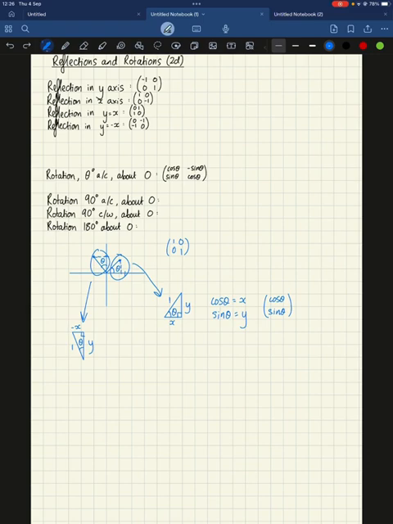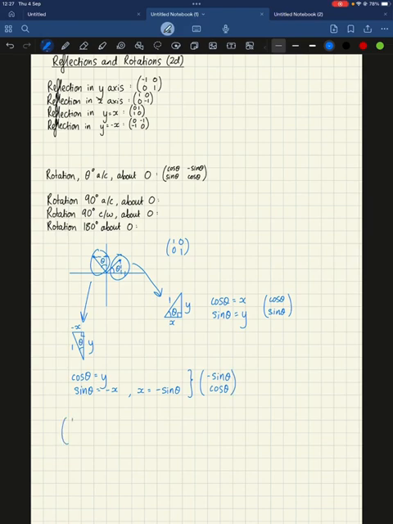So again, using trigonometry, cosine theta is equal to the adjacent over the hypotenuse, which is y this time, and the sine of theta is equal to the opposite over the hypotenuse, which is minus x. So now we get x is equal to minus sine theta. Now writing this as a vector, (x, y) is going to be (minus sine theta, cos theta).